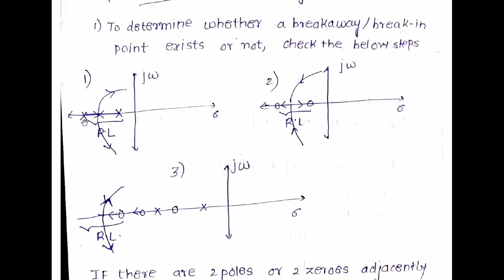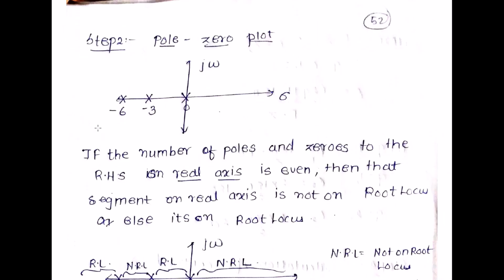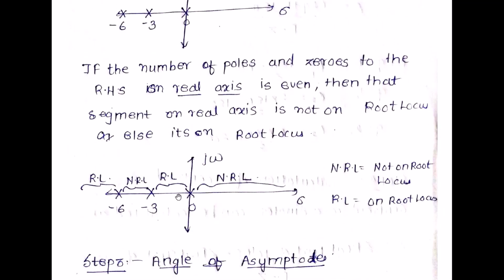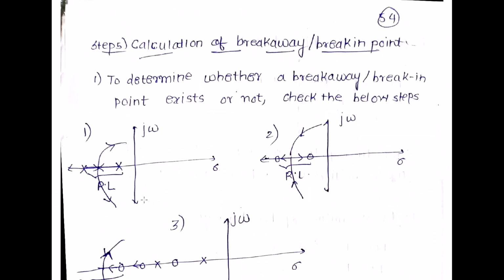If there are two poles and the region between them exists on the root locus, like I had two poles over here and the region between them existed on the root locus, in that case I will have a breakaway point, that is moving outside. If there are two zeros and the region between them exists on the root locus, then there will exist a break-in point. The arrow will be coming inside.